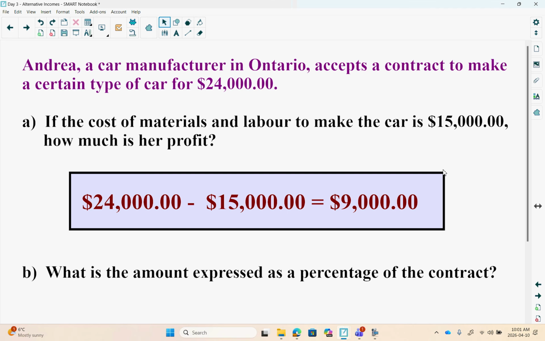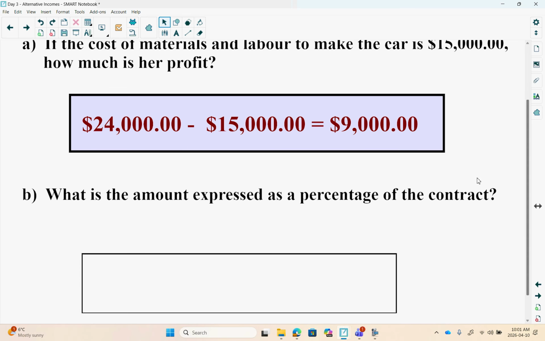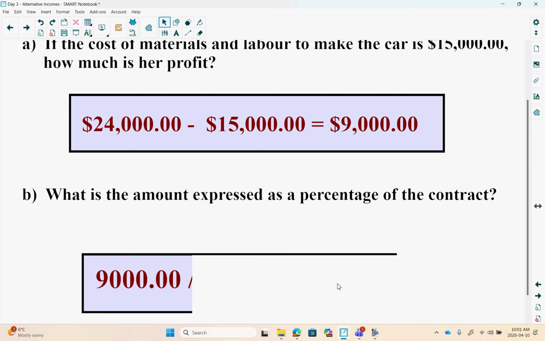And then it says, what is this amount expressed as a percentage of the contract? So what is 9,000 expressed as a percentage of 24,000? What do I do there? I'm going to take 9,000 and divide it by 24,000. And what would that give me?